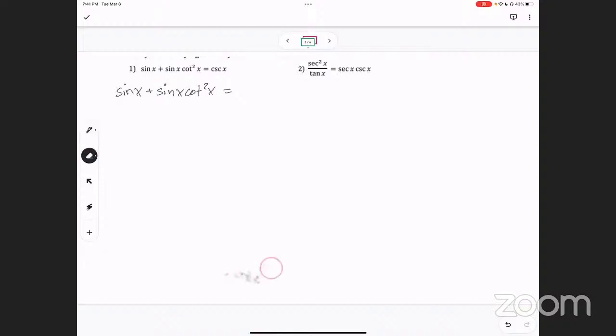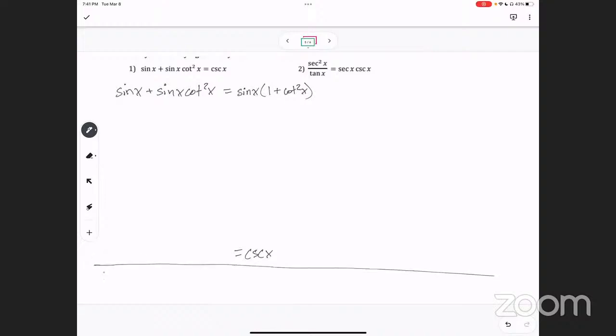Do you want to factor out the sine? Very good. So factor out the sine, and what are you going to be left with? 1 plus cotangent squared. Very good. And Micah, what's 1 plus cotangent squared?